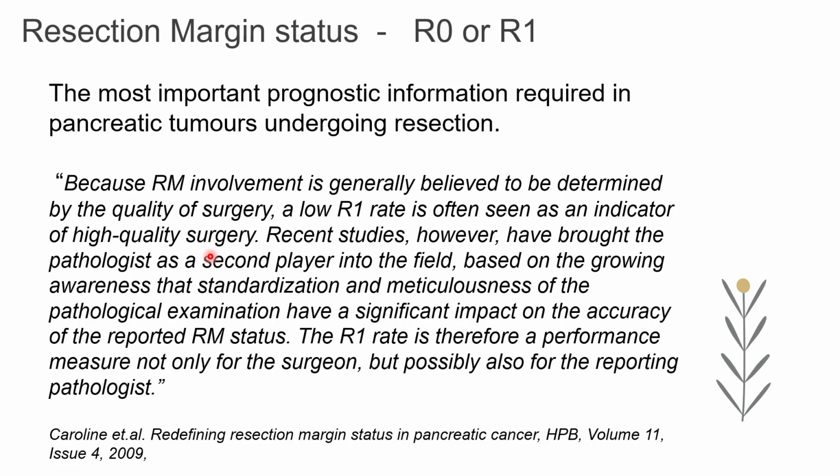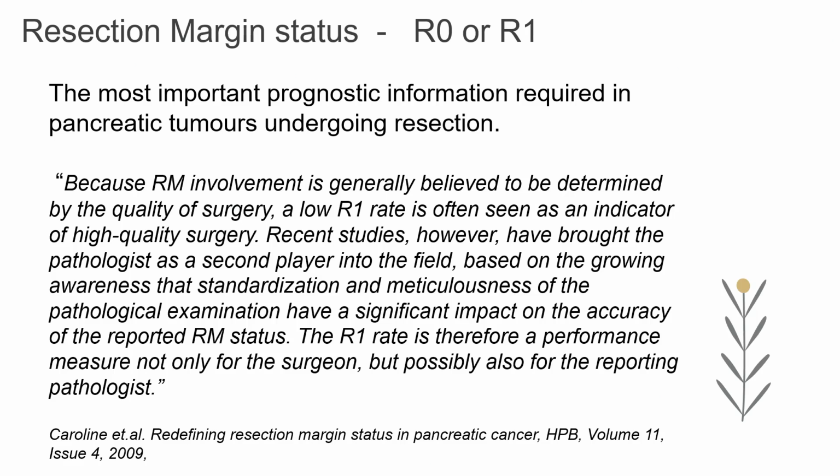So this is a very important piece of text that I found in a review paper. Because resection margin involvement is generally believed to be determined by the quality of the surgery, a low R1 rate is often seen as an indicator of high quality surgery.